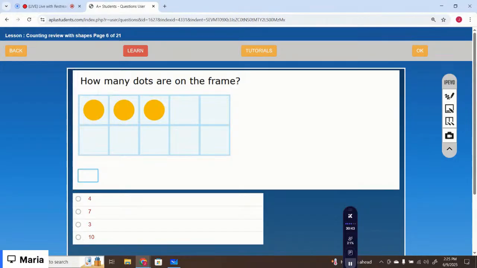How many dots are on the plane? Three. Option number three is the correct option.